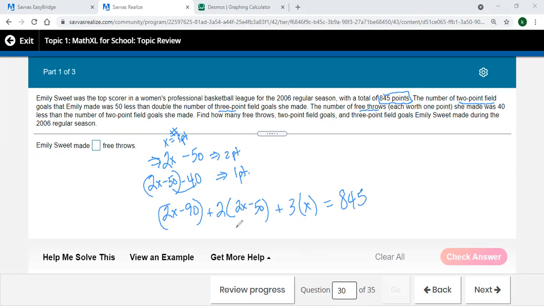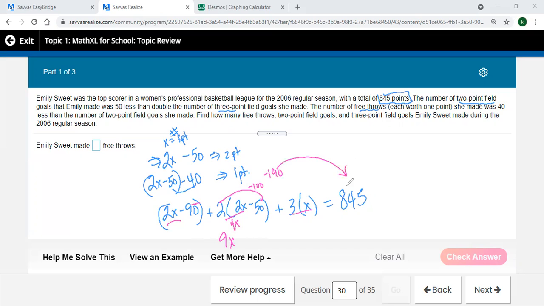So if we're going to solve this for x, I'm looking here and seeing that I've got 2x here, that would be 4x there, and 3x, 3x and 4x and 2x makes 9x. And then this 90, this would be a negative 100 when I multiply that. There's a negative 90 here, so I've got a negative 190 on this side.